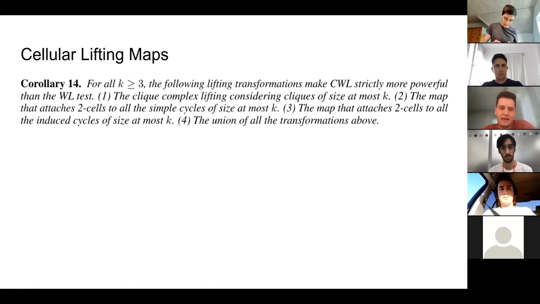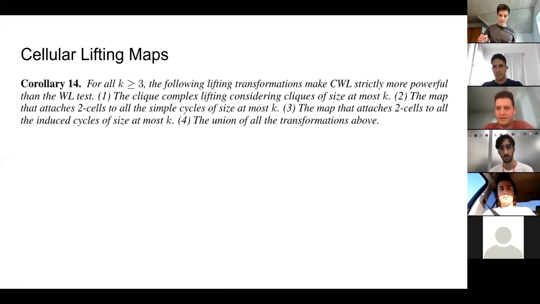These maps are either the clique complex lifting you saw on the previous slide with cliques of size at most K, the map that attaches 2-cells to the simple cycles, and the one that attaches 2-cells to induced cycles, or the union of these.